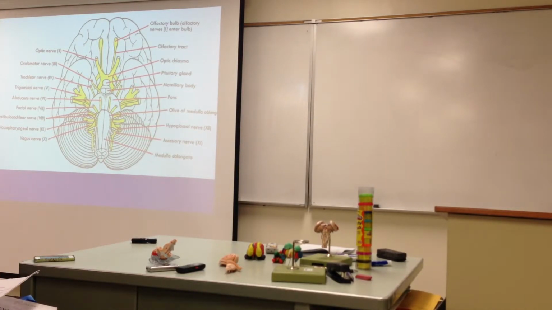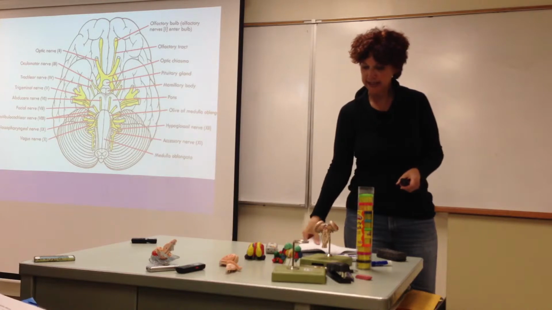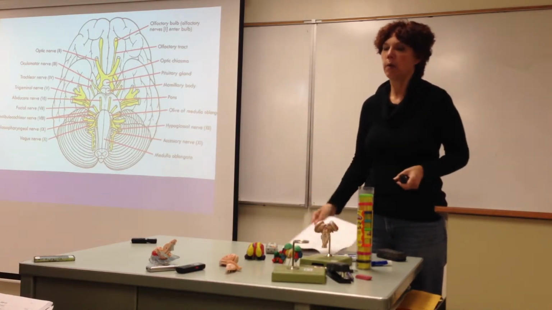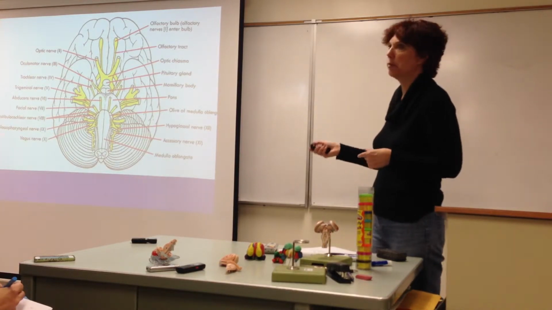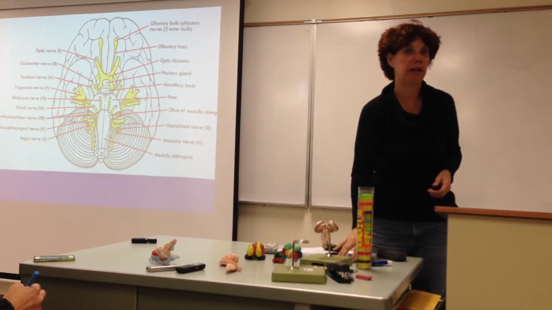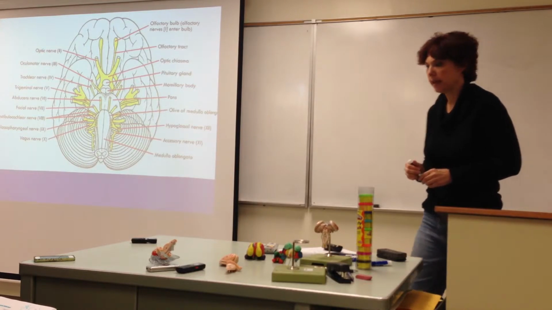On page 131 of your lecture notes is a table of these cranial nerves, all right? When we describe cranial nerves, we number them with a Roman numeral, 1 through 12. If you're not familiar with, yes? It's on page 131?